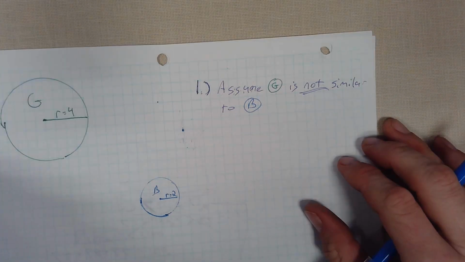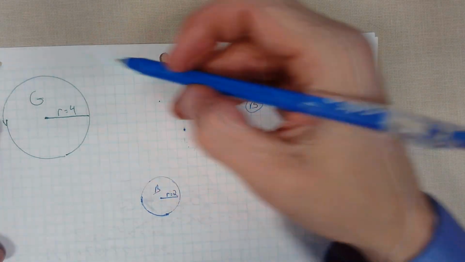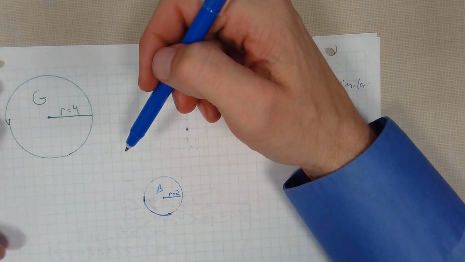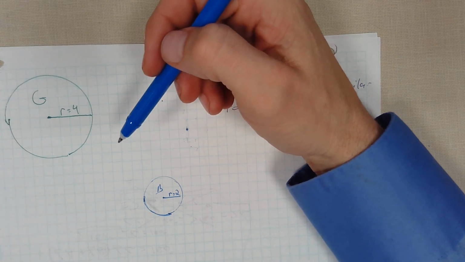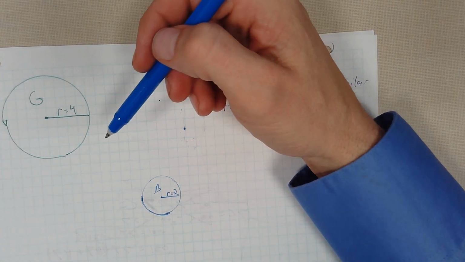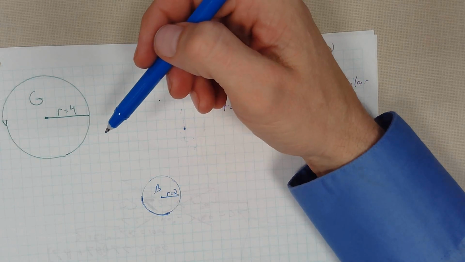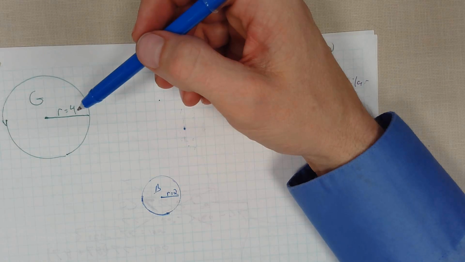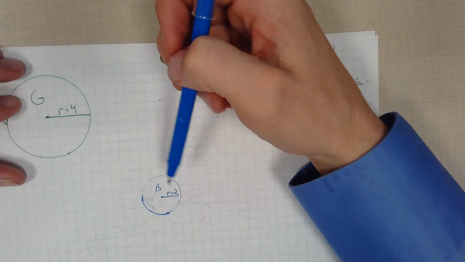All right, so because by definition, in order for these two things to be similar, they would have to have dilated, right? And if they dilated, they would have to have some similar property.